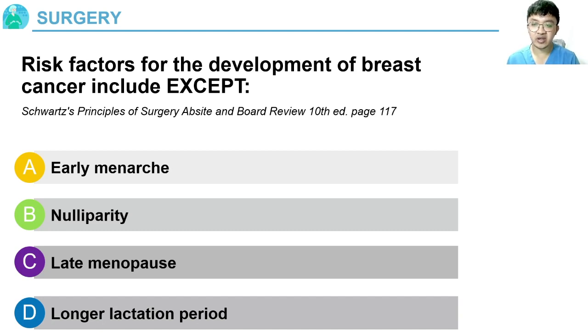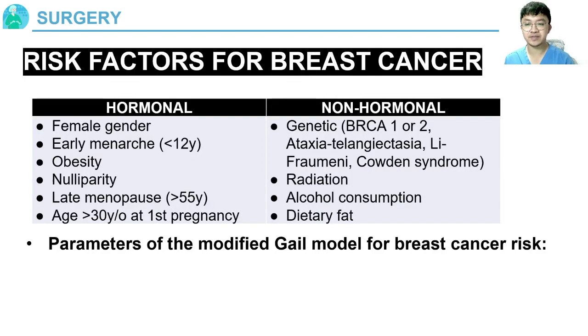If you have early menarche, if you didn't have an interruption of your estrogen synthesis, especially if you haven't borne any child or haven't been pregnant, and finally, if you have a longer time period in which you're exposed to estrogen, such as if your menopause is late, these are all risk factors for development of breast cancer, except your longer lactation period, because again, this prevents your estrogen from being produced, and actually lactation serves as one form of contraception in patients who are pregnant.